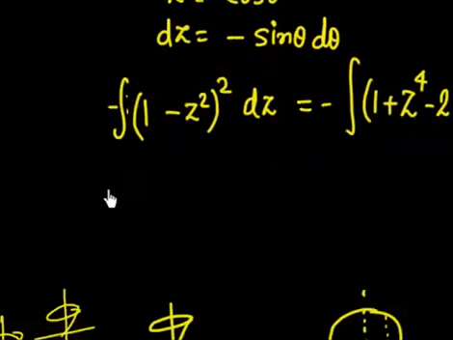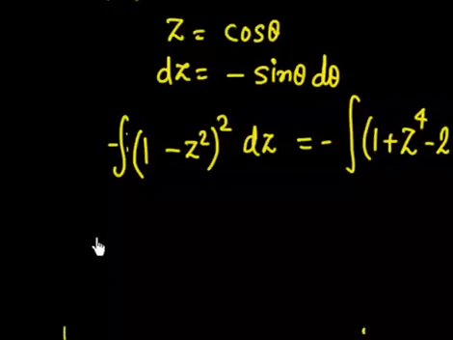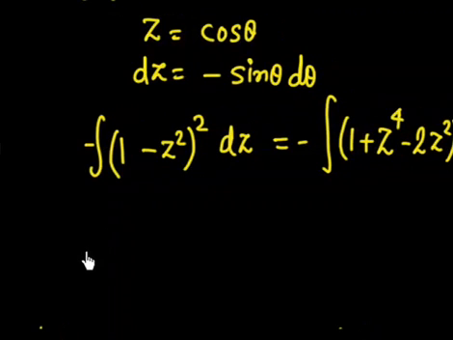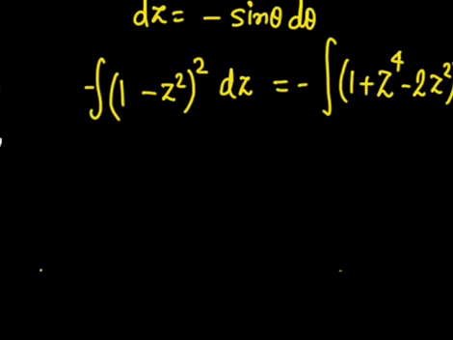Now I have to integrate this one. So let us do the integration first. So this is minus, so let me put the minus sign. So this equals minus dz. So this is my first integral, minus z4 dz.